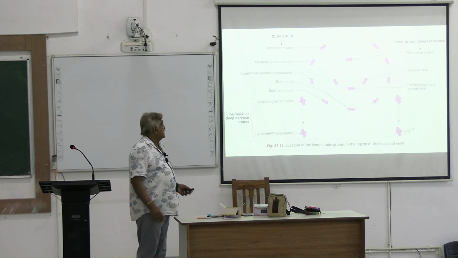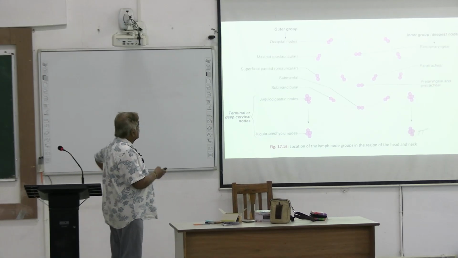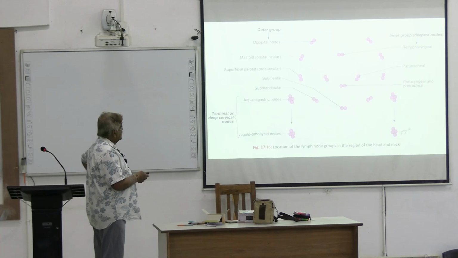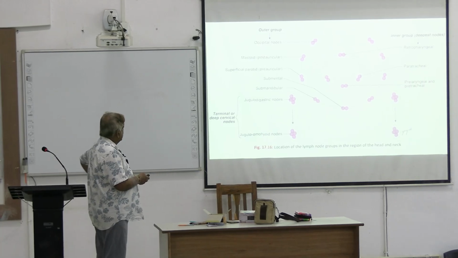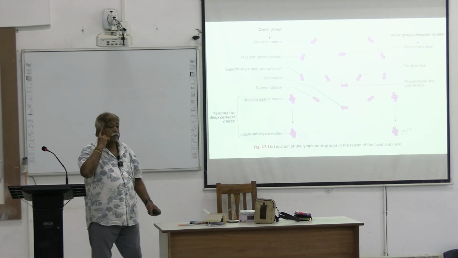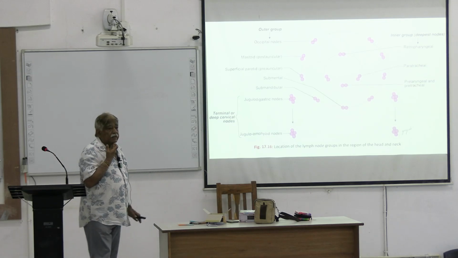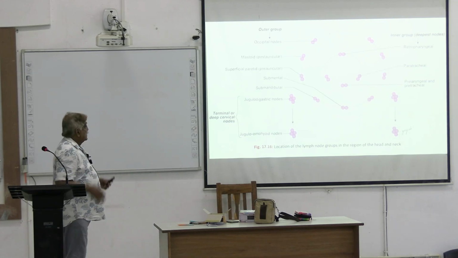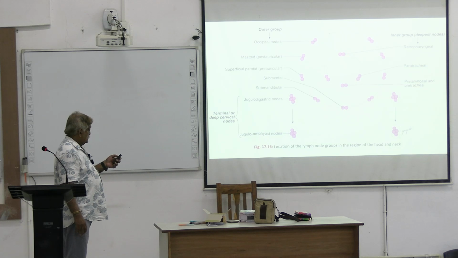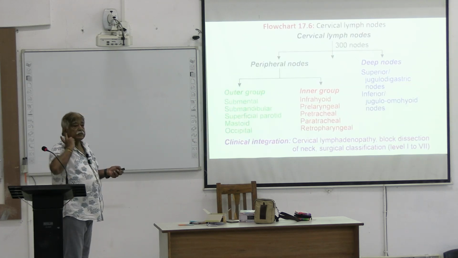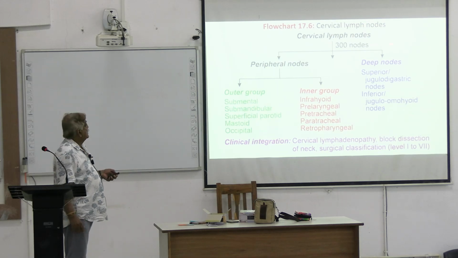Now, in those cases, you can see the lymph nodes, palpate, and also the preauricular, parotid, submental nodes in this region. Total 300 nodes here.